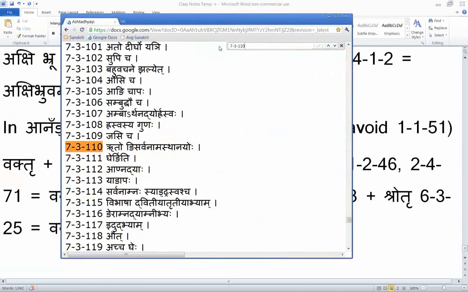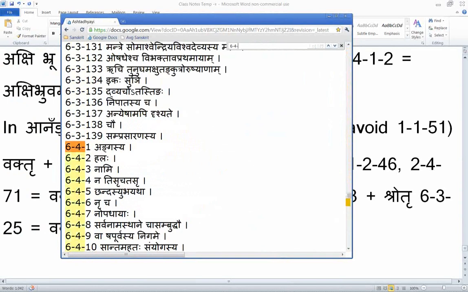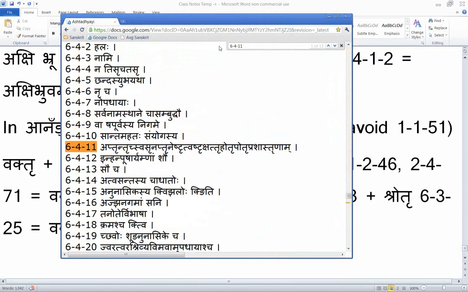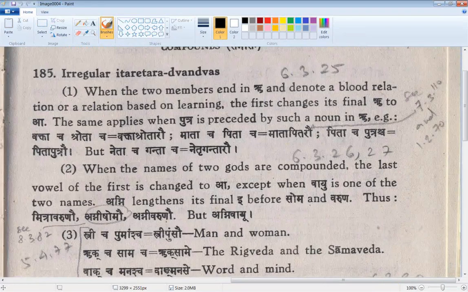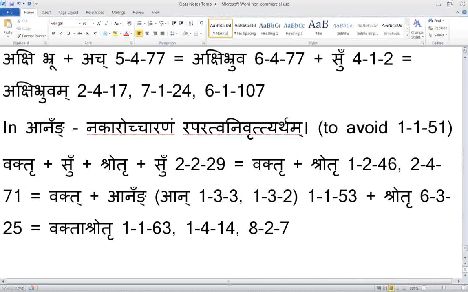The guna adesha becomes shrotar, and then we use aptrishtran. So 6 is only declension. So shrotaro. That's what the book has given. The book gives us the form which is vakta shrotaro. So when we decline it, we'll get vakta shrotaro. Just put the numbers here, vakta shrotaro.